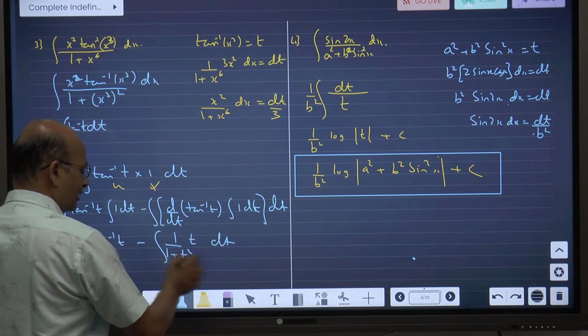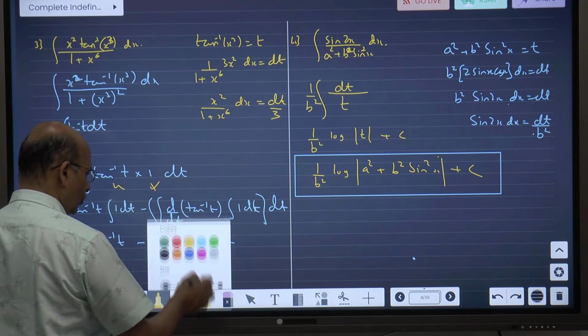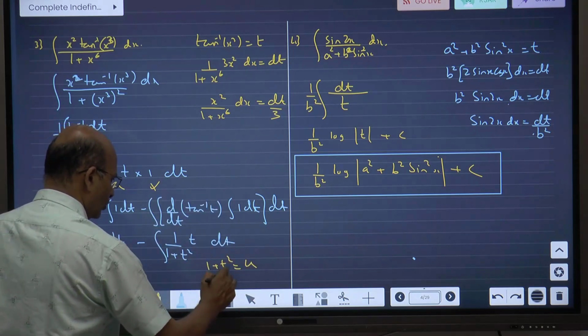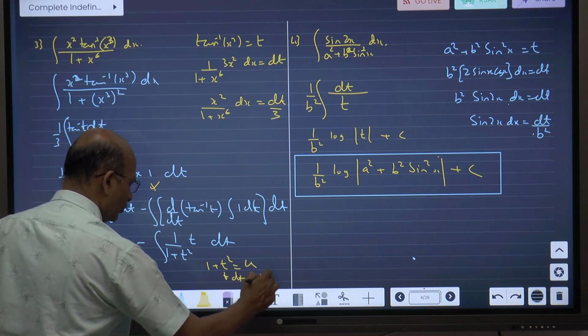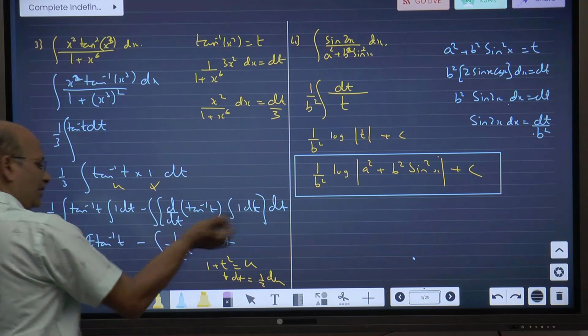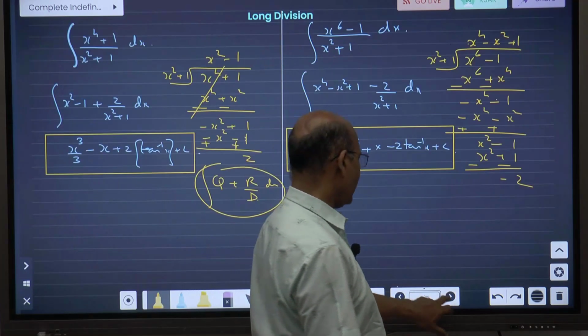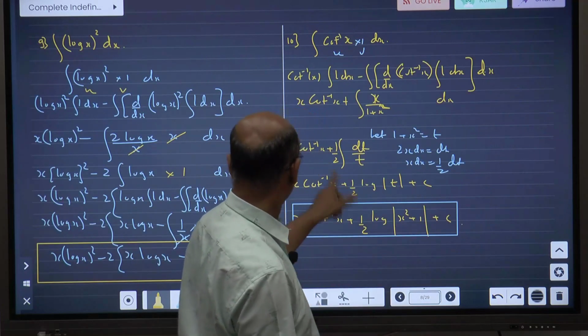Now I can do the same substitution there. I will say 1 plus t square as u, so t dt will be 1 by 2 du, and then do it. I think you know how to do it. So this is what I left out there, the same thing we did.